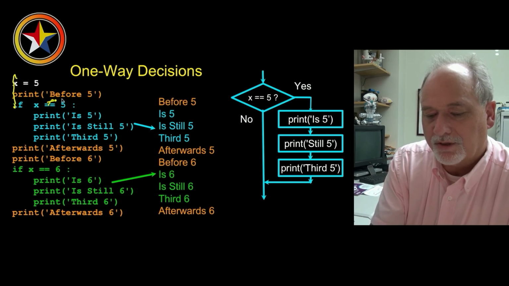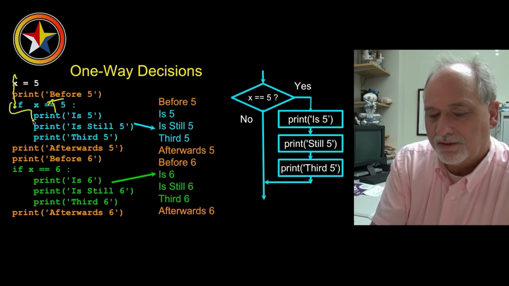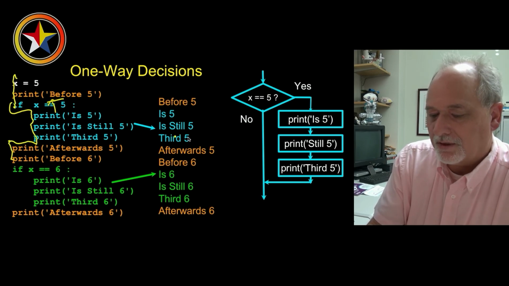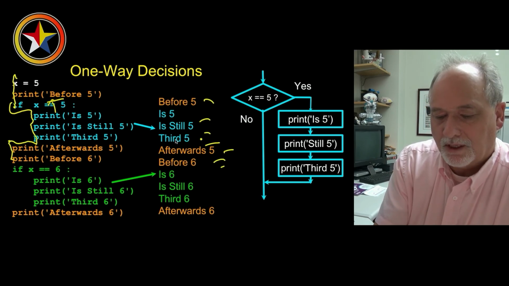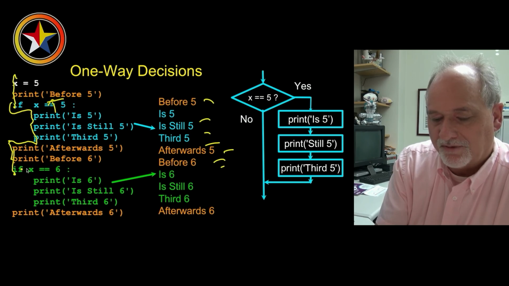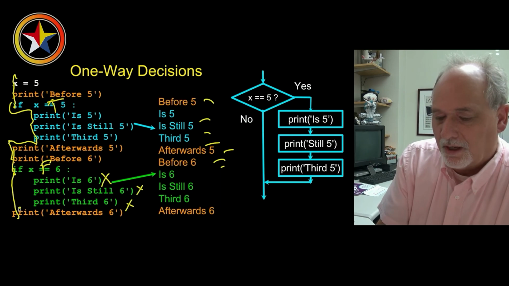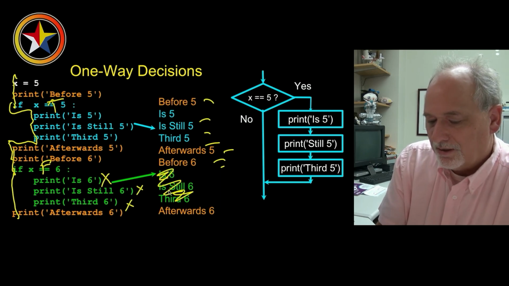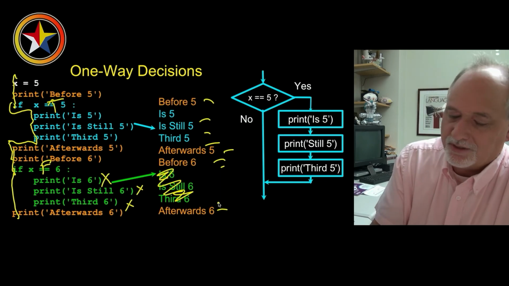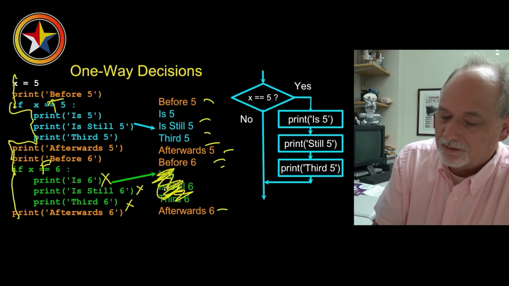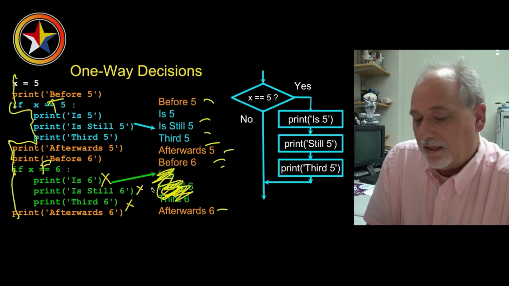That's the question mark, and that's true. So it's going to run all these, and then come back, and then continue on, and then de-indent. So all this stuff is running, right? And then it says x equals 6. Well, that was false, so that skips all of them. So none of these lines of code run, and it says afterwards 6. Those don't run right there, because x is not equal 6.